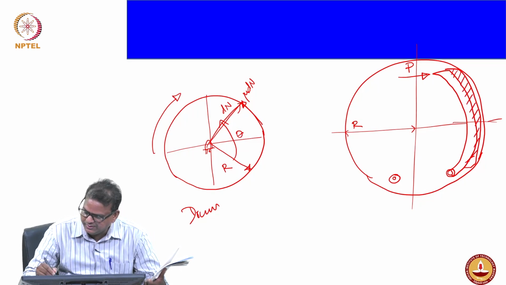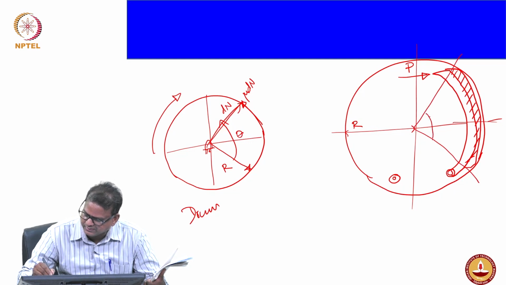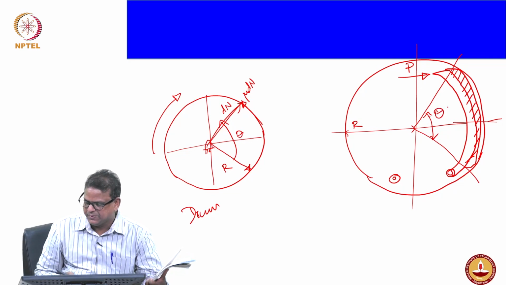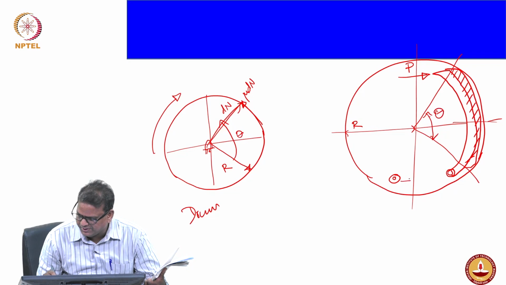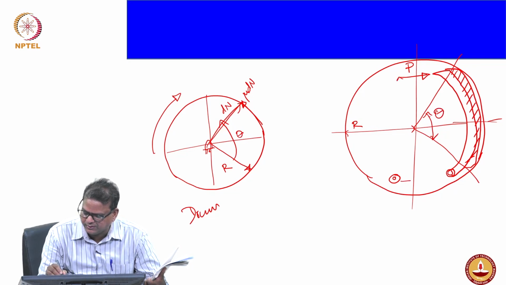The angle where it starts to end is theta. We will discuss in detail. The distance from the pivot to where the activation force starts, we say as c.